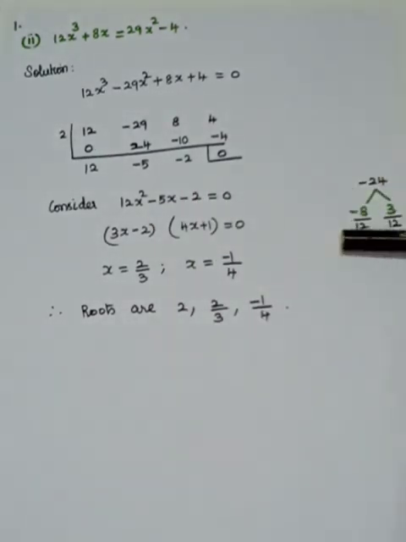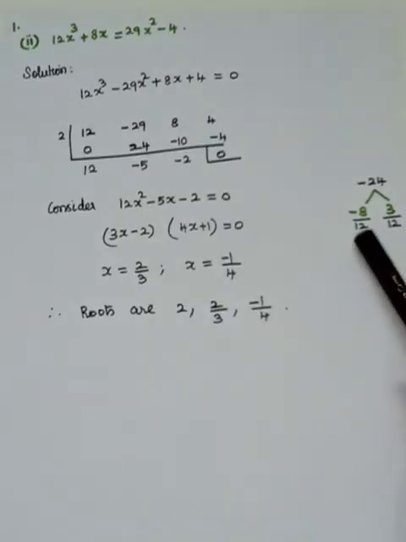So we can go for minus 8 and 3. Okay, the two terms are minus 8 and 3. So minus 8 into 3 is minus 24. When you add these two, it is minus 5, isn't it? So here the coefficient of x squared is what? 12. So it has to be divided by 12. When it is divided by 12, you will get minus 8 by 12 and 3 by 12. So we can cancel the 8 and 12 by 4.